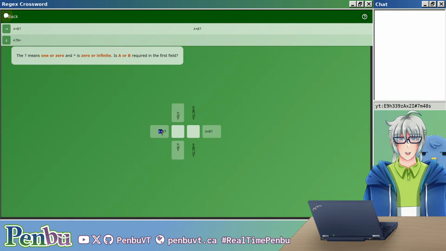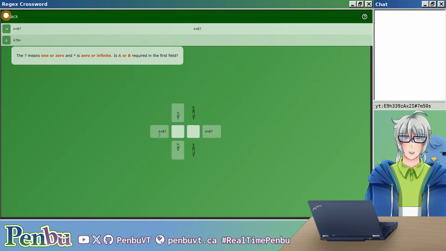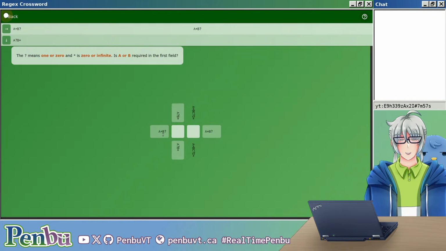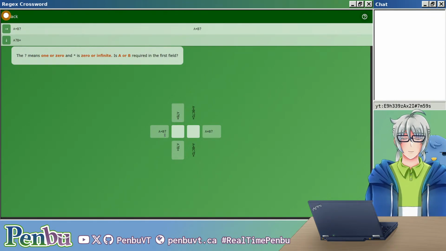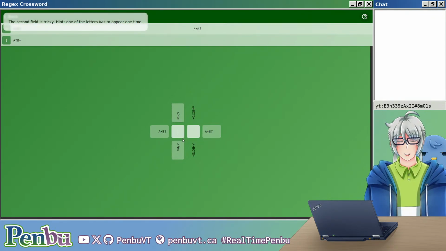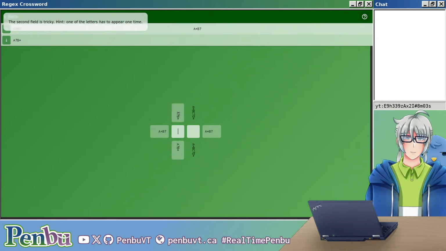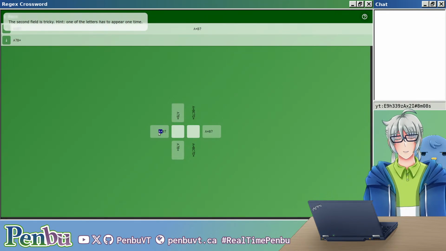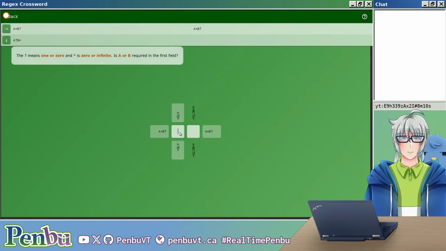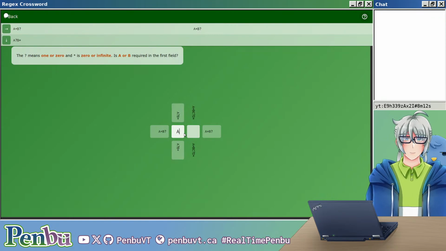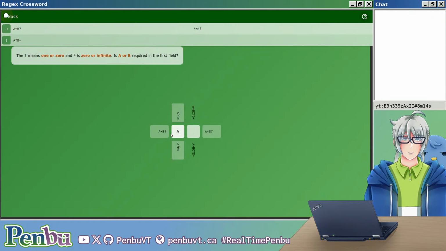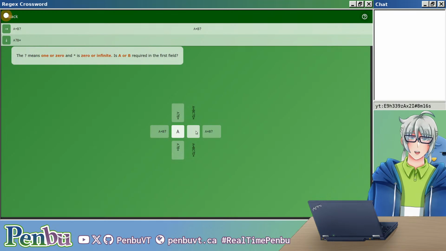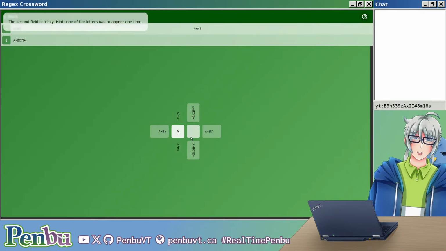And then in our horizontal we have A plus B question mark, so we have 1 or more A's and possibly a B. A is the only one that satisfies that here because it's the first character. And we are forced to have at least one because of this. We'll put an A there. And so because we are forced to have 1 or more A's, this could be an A, this could be a B. We don't know yet.